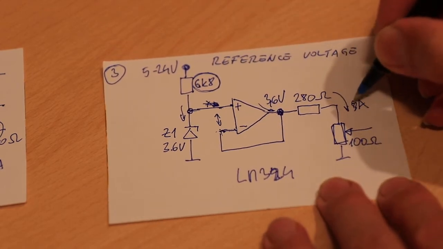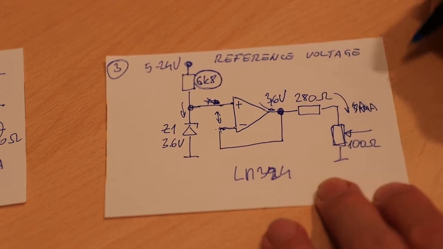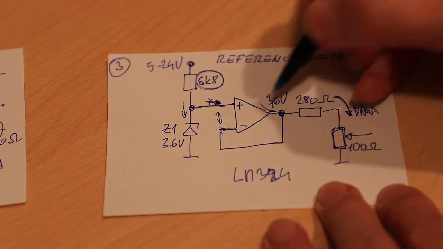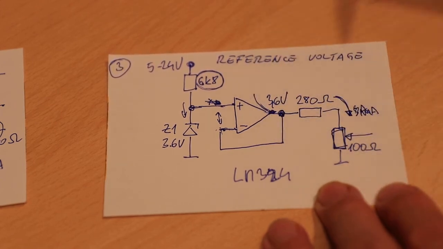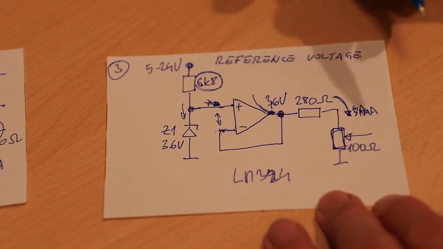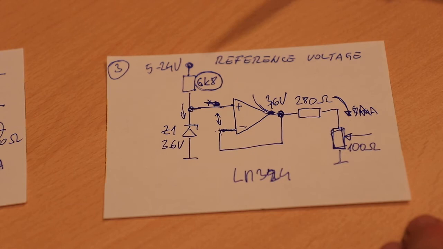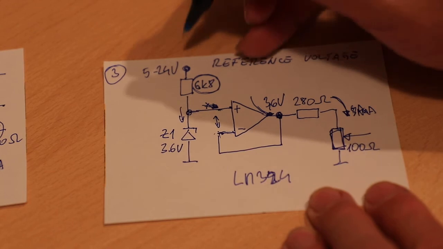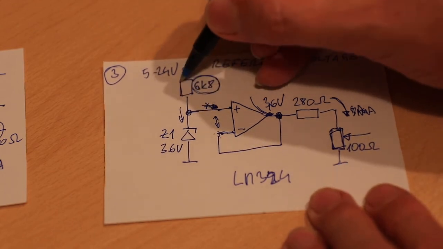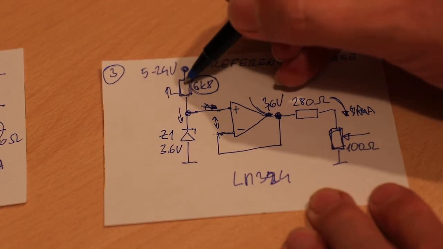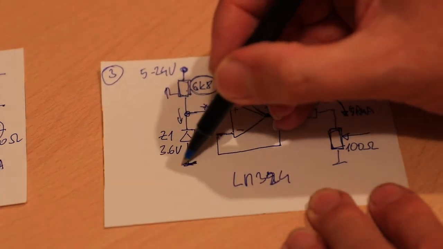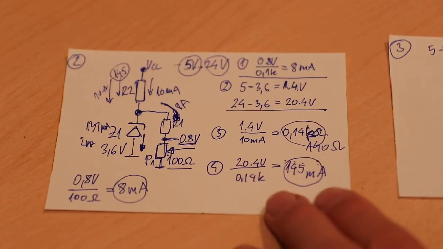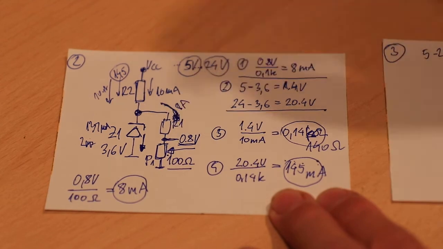The 8 milliamperes needed for our potentiometer will flow through the operational amplifier. So regardless of the supply voltage, we do not need to ensure with this resistor to bias the zener diode, we do not need to ensure this current of 8 milliamperes that will flow here.